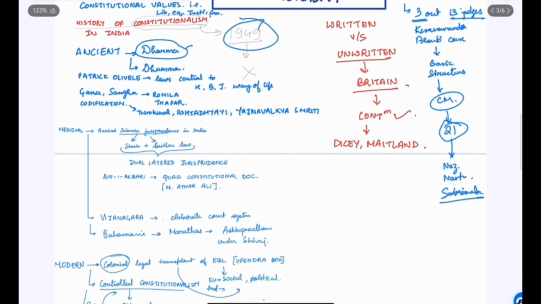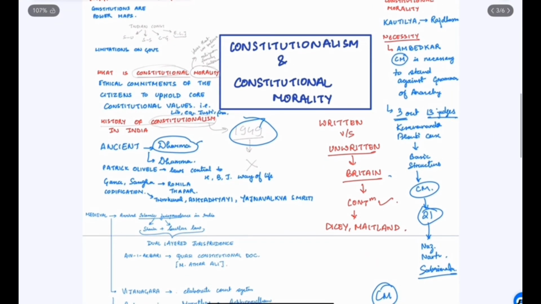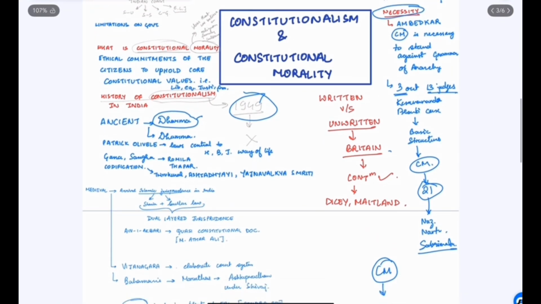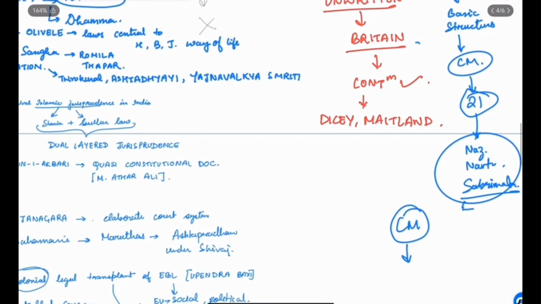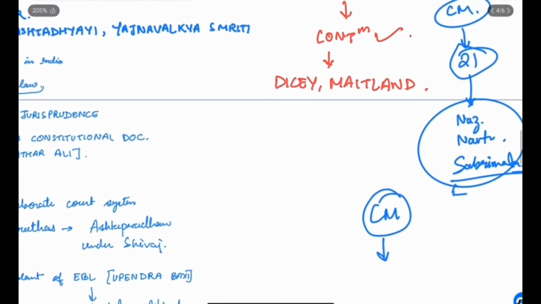Also, what constitutional morality does, why is it important? We were discussing necessity, right? So in these 3 cases, we can see that the judgment was not in line with popular opinion. Popular morality of India was not in favor of decriminalizing homosexuality, or allowing women in the Sabarimala temple.